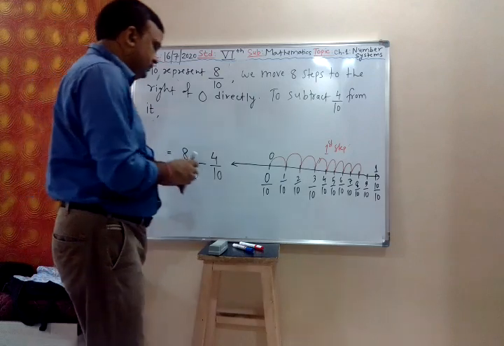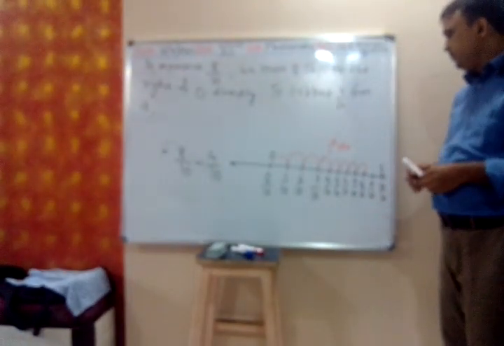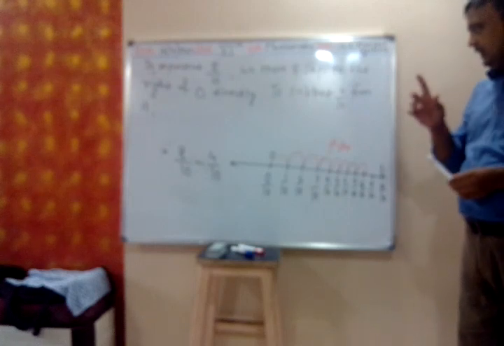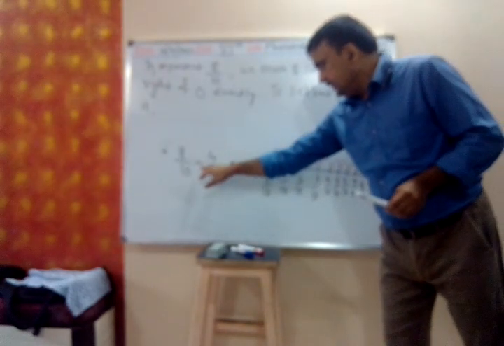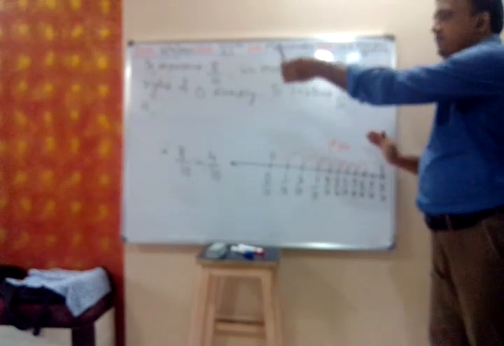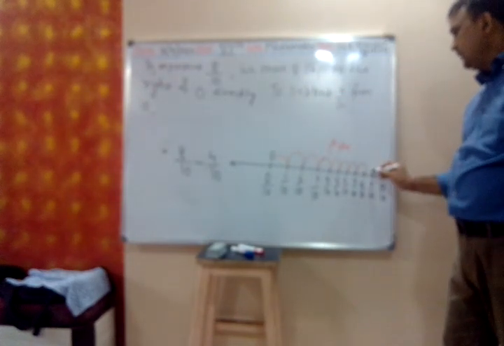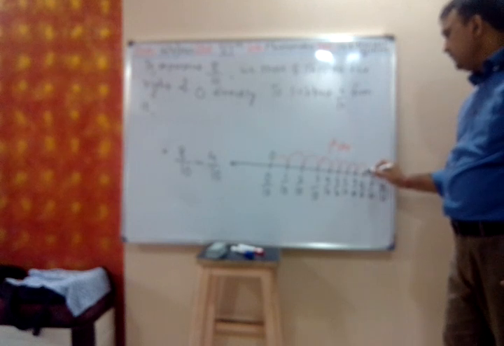Now what will you do? Tell me. Now it is minus, negative. So whenever you want to subtract, you have to jump to the left. So it is 4 upon 10, so 4 steps, I will jump to the left.